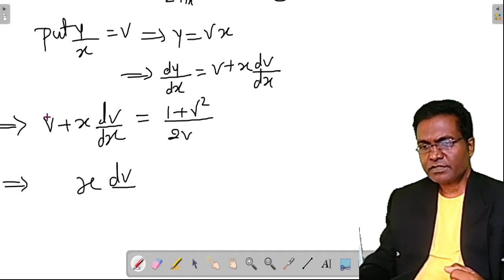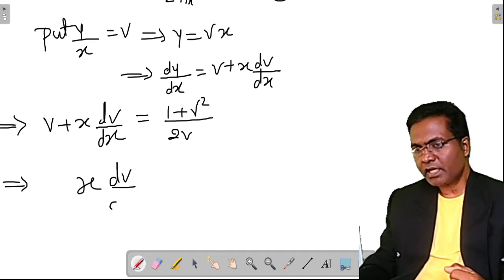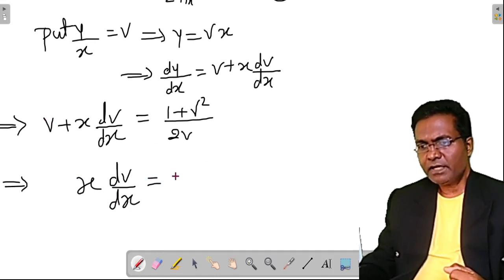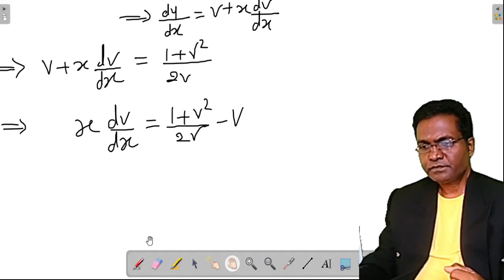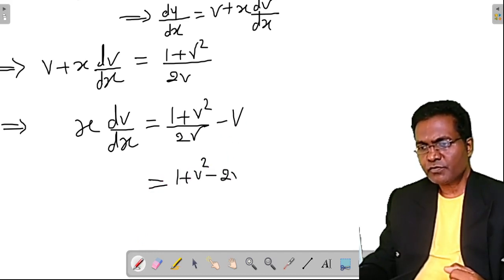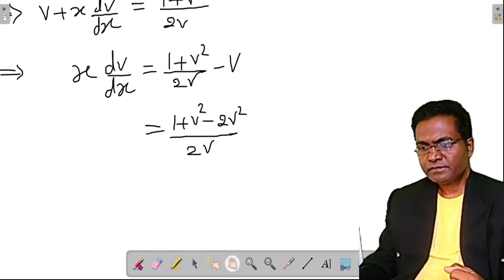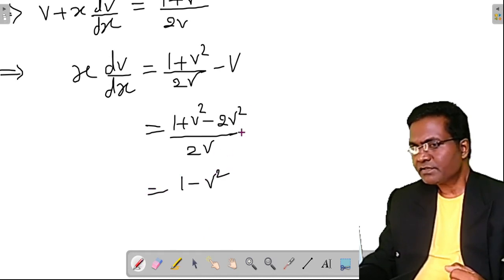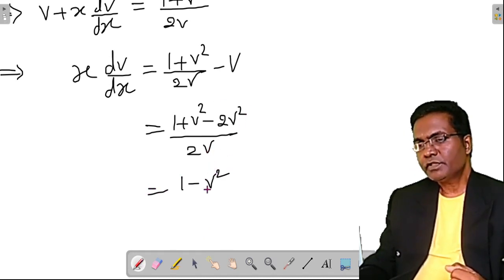First step, bring this v to the right. x dv by dx is equal to (1 plus v square) by 2v minus v. Take LCM: 1 plus v square, and 2v into v is 2v square, by 2v. Further, v square minus 2v square means minus v square, so we get (1 minus v square) by 2v.